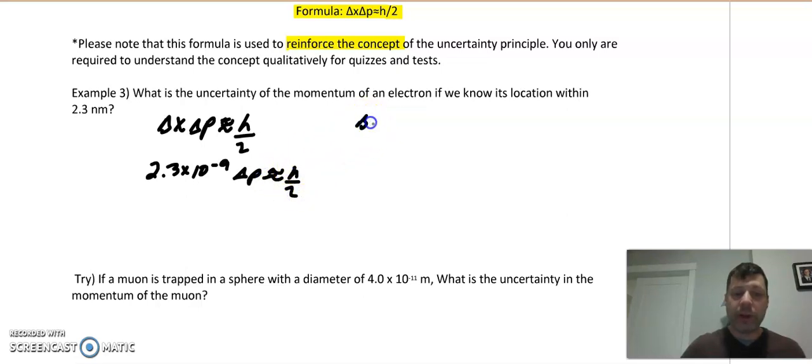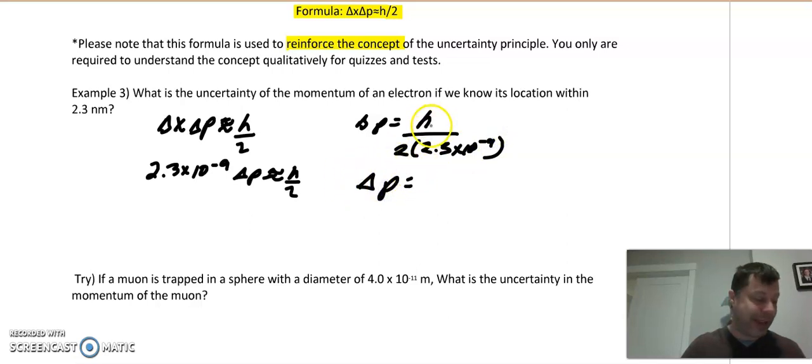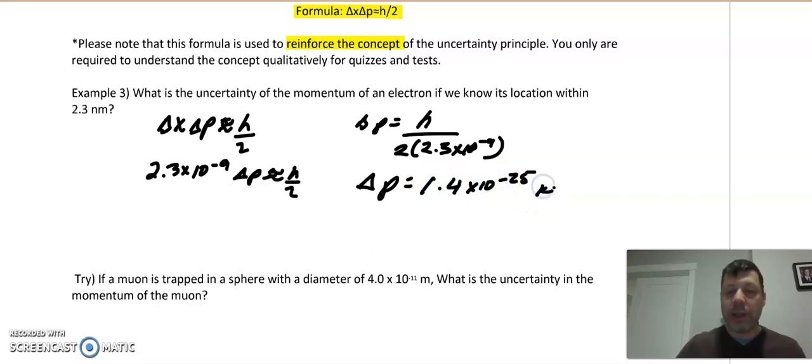Or, to find the uncertainty in the momentum, that's going to be h over 2 times 2.3 times 10 to the negative 9. Assuming again we're using standard units of 6.63, we're going to find that the uncertainty of the momentum is 1.4 times 10 to the negative 25 kilogram meters per second.